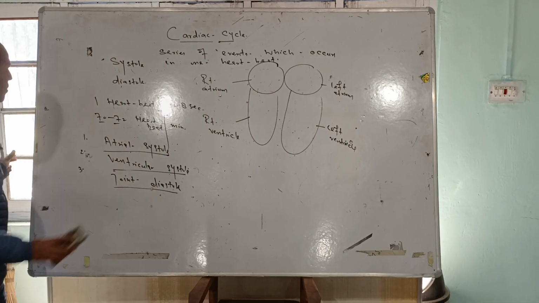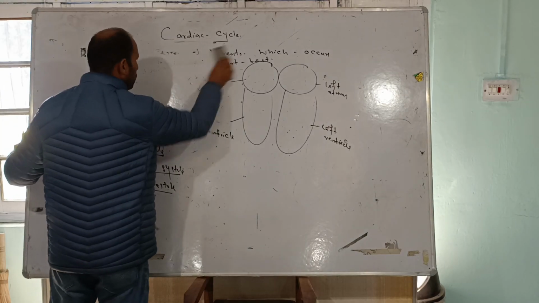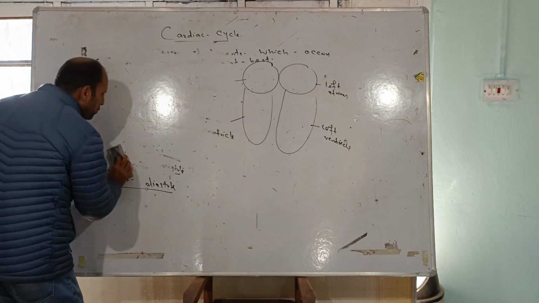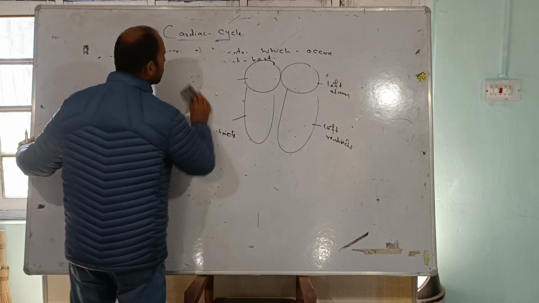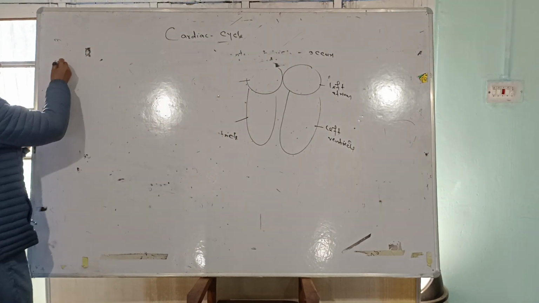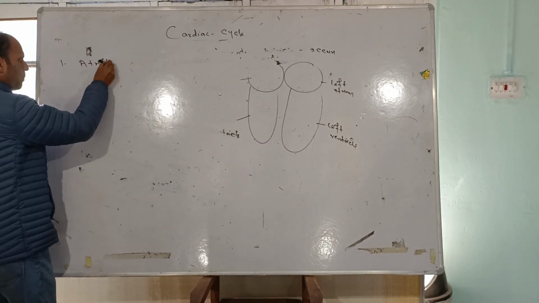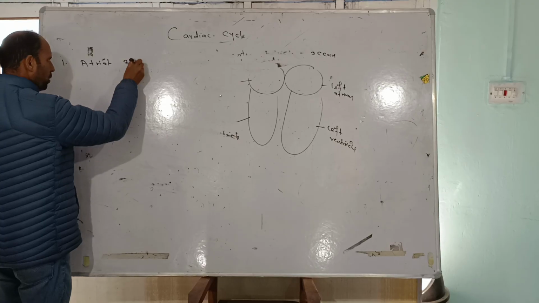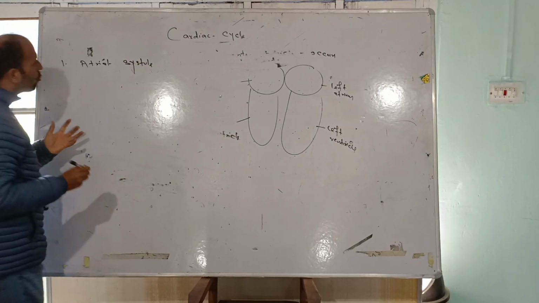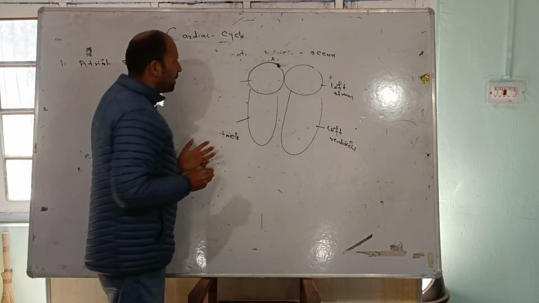So let us first define what atrial systole is. In the atrial systole of the cardiac cycle, what will happen there? The first part of the cardiac cycle is atrial systole, you can also say auricular systole. We have to remember that systole means contraction and diastole means relaxation.